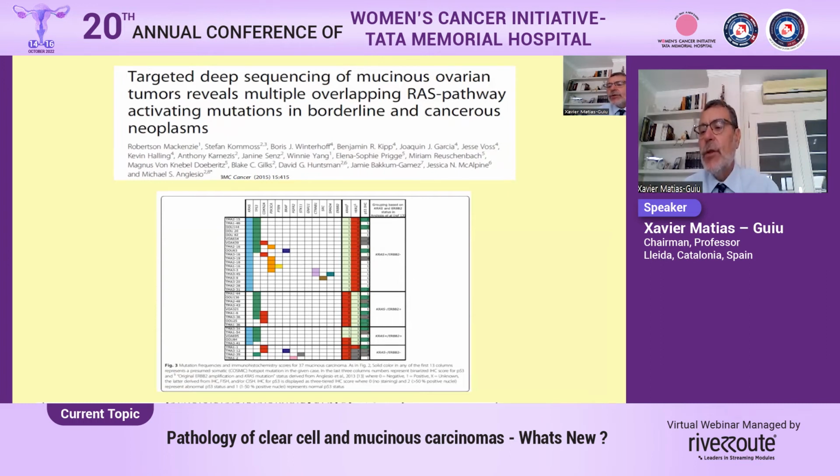And I don't have time to go into that, but there are many other papers showing that mucinous carcinoma has a complex genotype, which is different from what is seen in metastatic tumors, and that may lead to the usefulness of molecular pathology in this differential diagnosis.